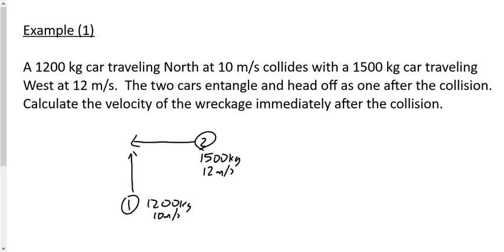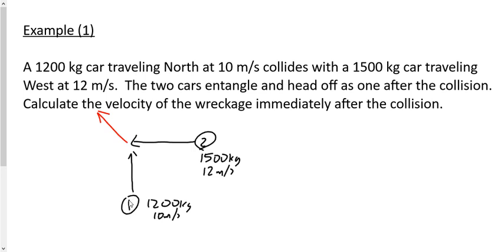Where do you think this wreckage is going to go? If they stick together, well, we had a north momentum before, we have to have a north momentum after. A west momentum before, we have to have a west momentum after. It's going to go north and west. Somewhere up here, we think.